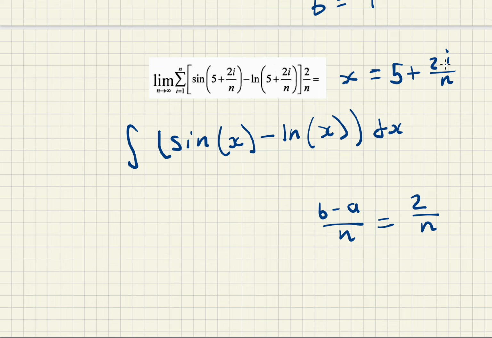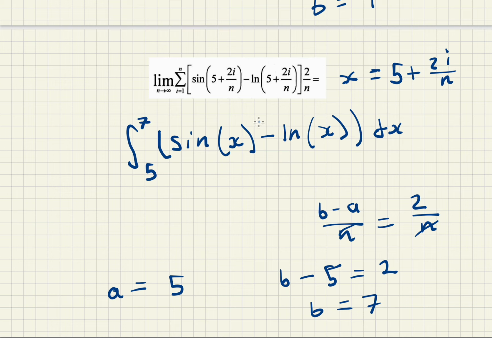Because it's added to the term that contains i over n, 5 plus 2i over n. So a is equal to 5, and so b minus 5 equals 2. b equals 7. So a is equal to 5, b is equal to 7. And that is our definite integral.